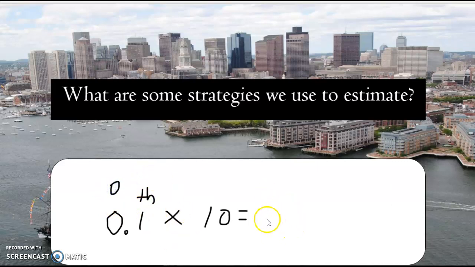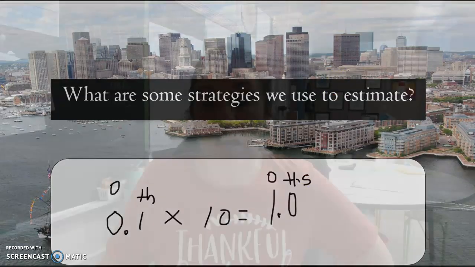Well, if I multiply by 10, that means my 1 is now in the ones, and I have 0 tenths. Okay? We're going to be talking about this a lot more, but I just wanted to put it out there to have it in your brains. But we'll go over it again and again because I know that it is a very tricky thing to remember.